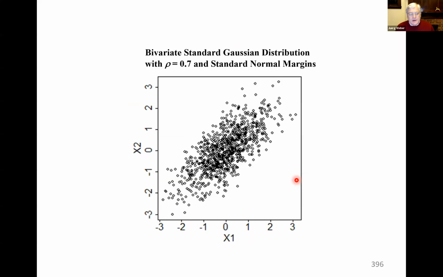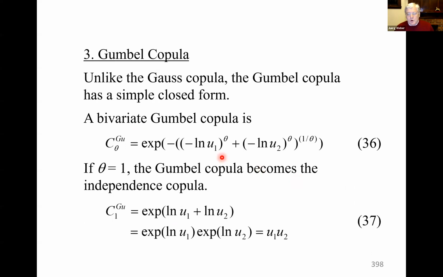So here, because we have only two variables, we have a single parameter, theta, which determines the exact shape of the Gumbel copula.